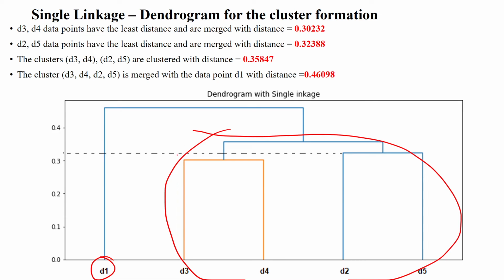Now we combine these two with the distance 0.46098, which is mentioned here. So the dendrogram is used to express the distance between different clusters in the given model. Thanks for watching.